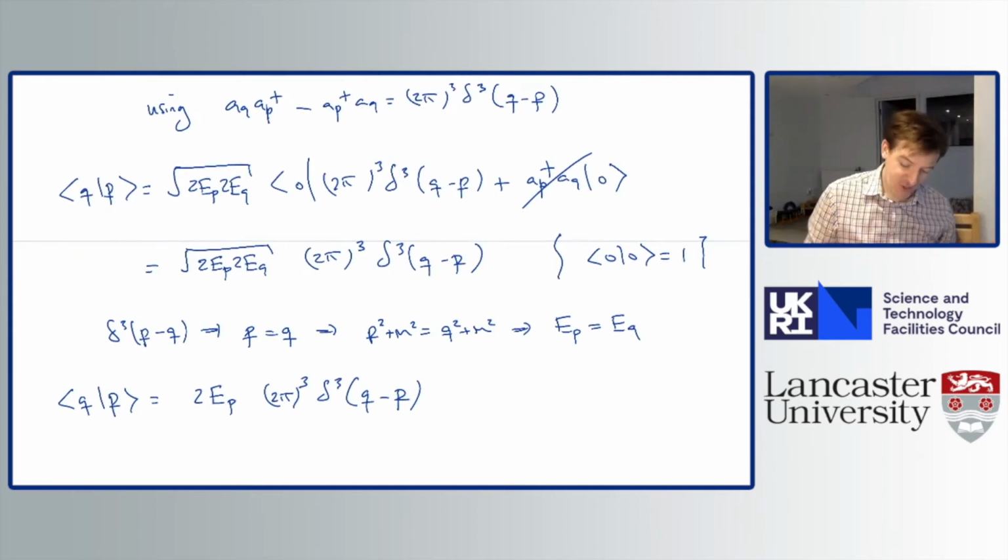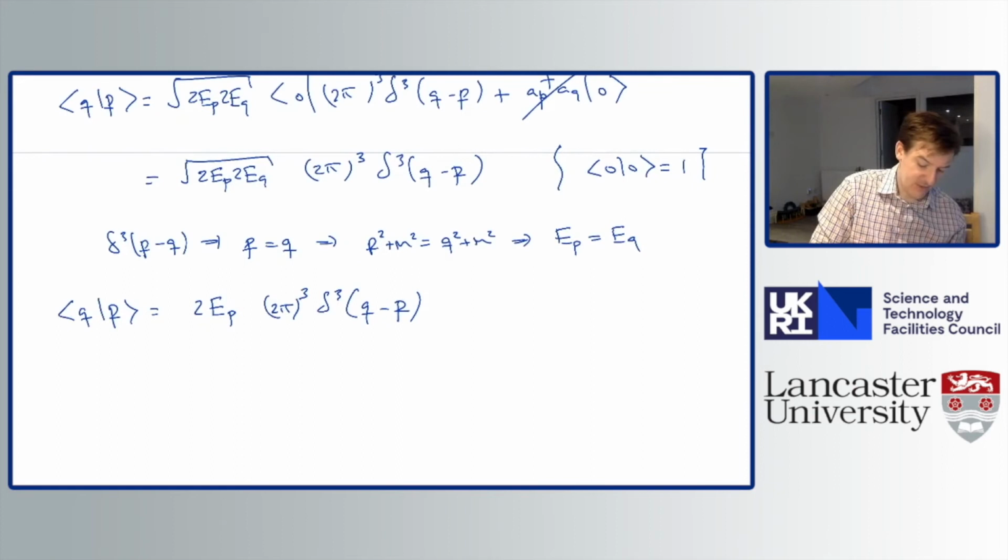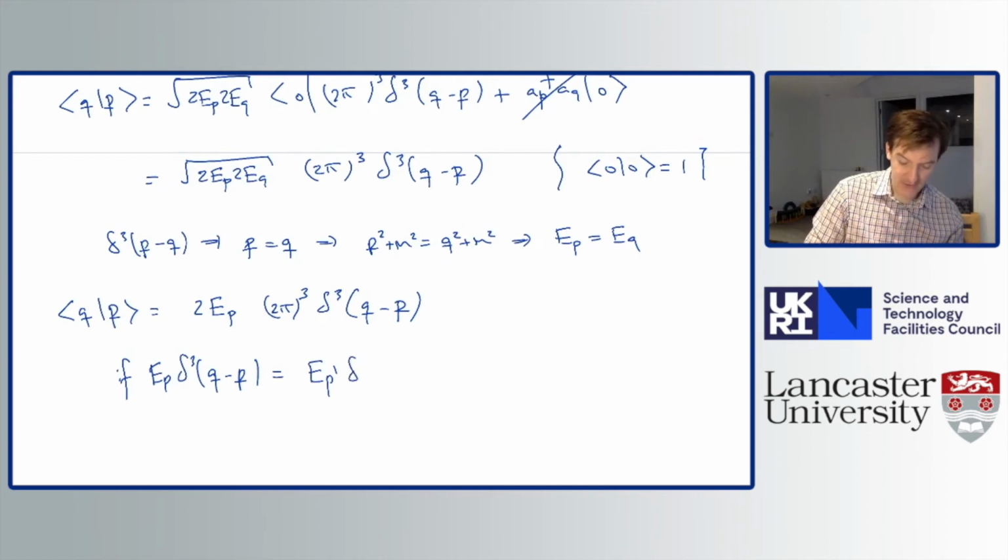Okay, so we want to show that this product is Lorentz invariant. So we've redefined the problem a little bit. This bracket will be Lorentz invariant so long as the right-hand side is Lorentz invariant. Now, this E_p δ³(q minus p) has primed quantities after a Lorentz transformation, so these are p and q and E_p after a Lorentz transformation.